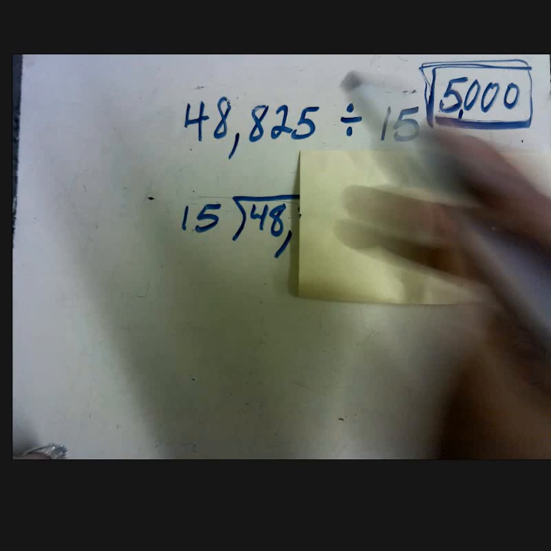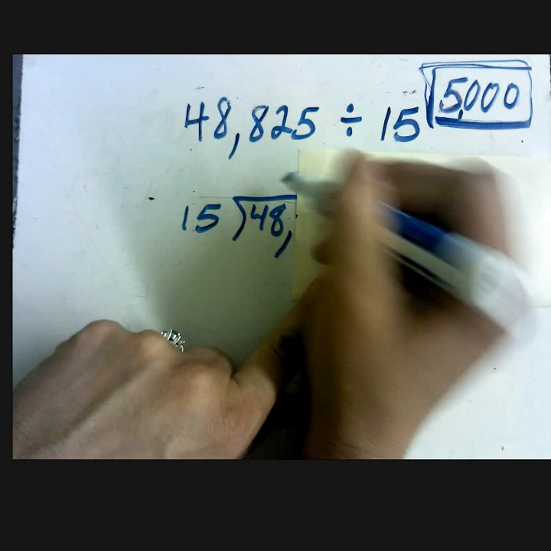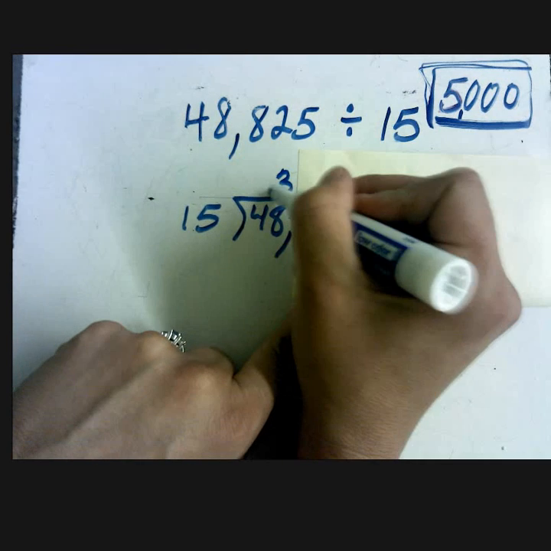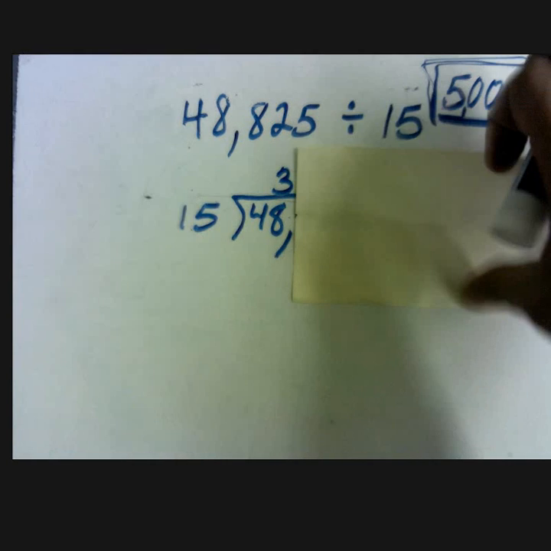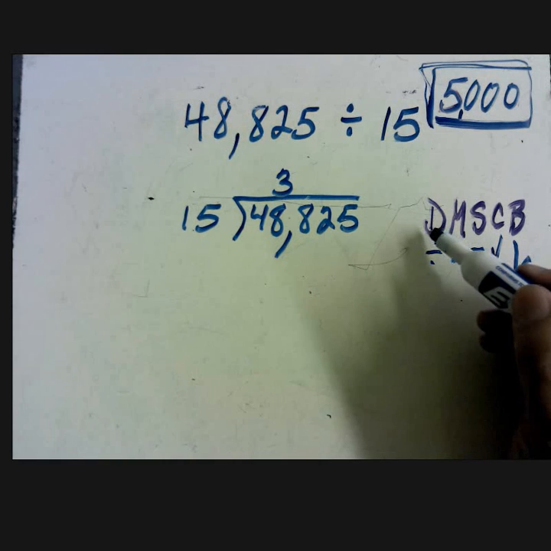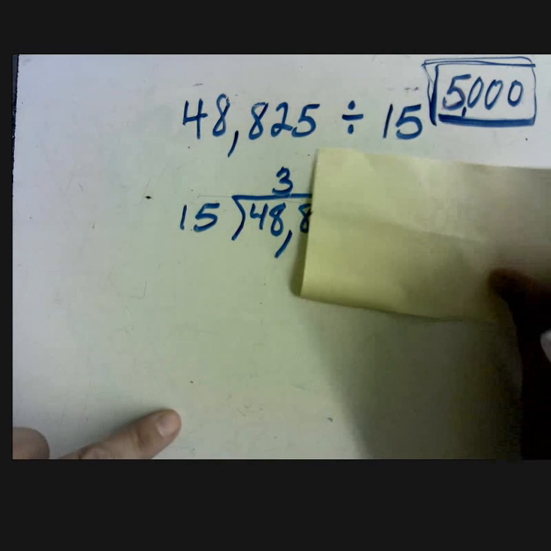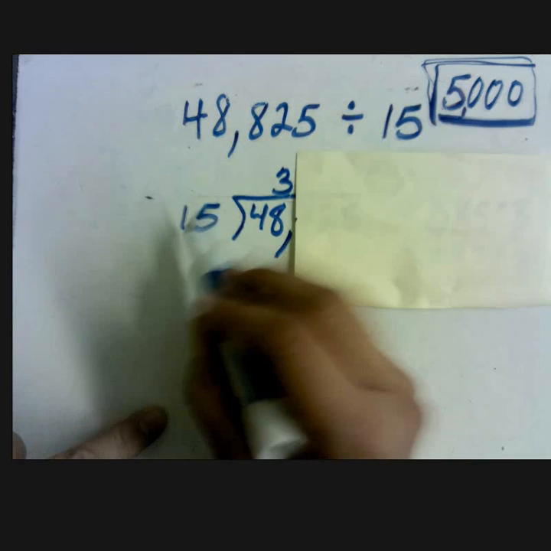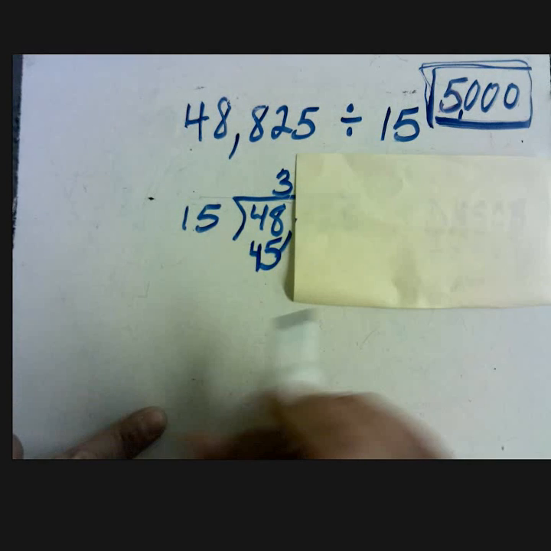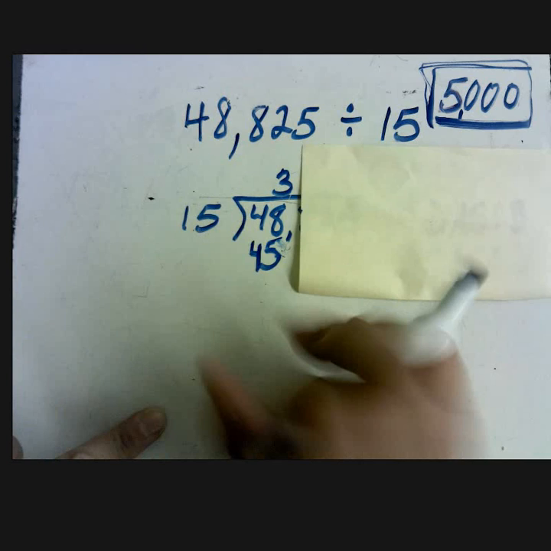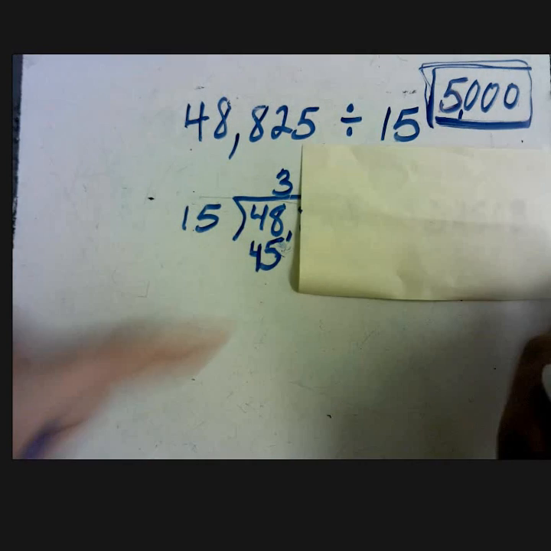That's my division piece. Now I have to multiply. 3 times 15, I know, is 45. Okay? Once I do that, I am going to subtract. Okay? So I'm going to take 45 away from 48, and I'm going to be left with 3.